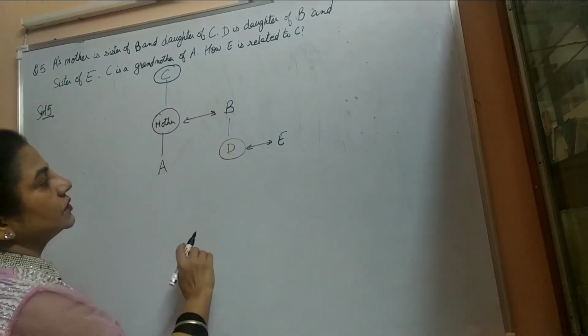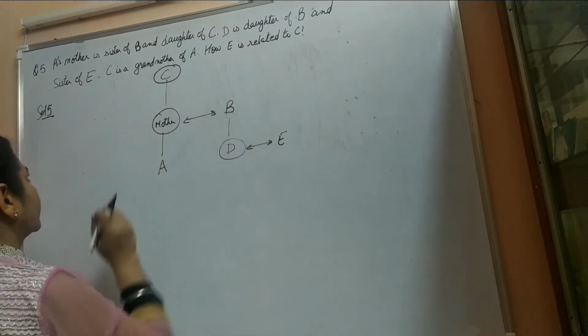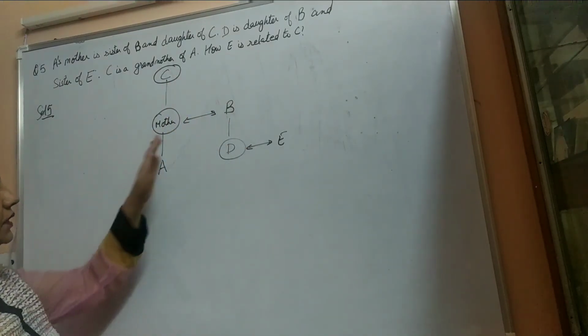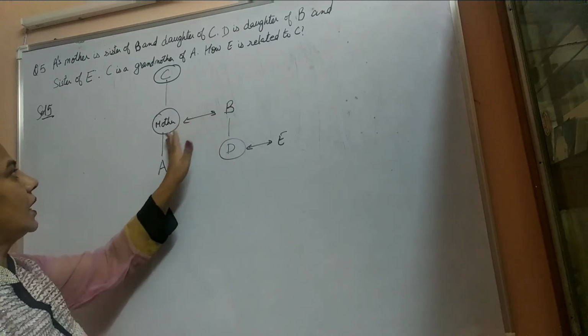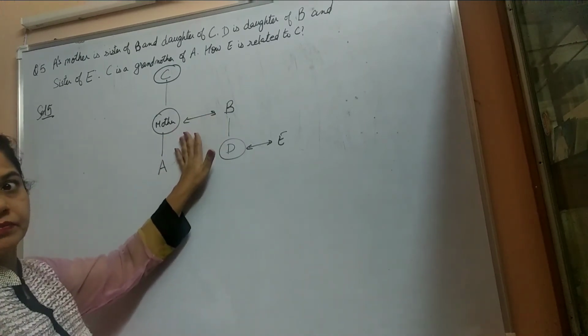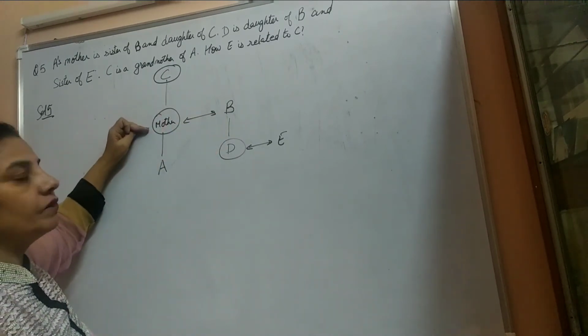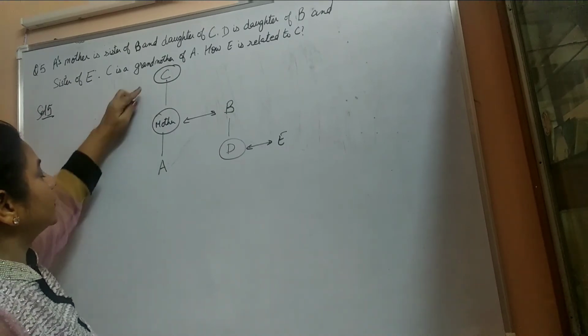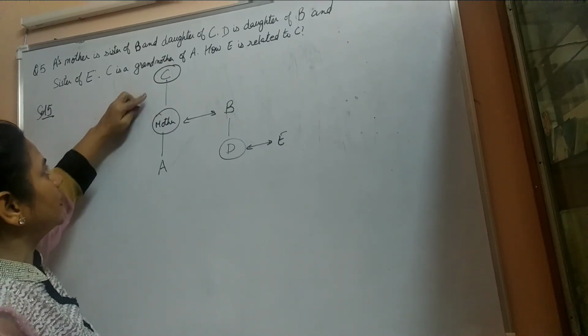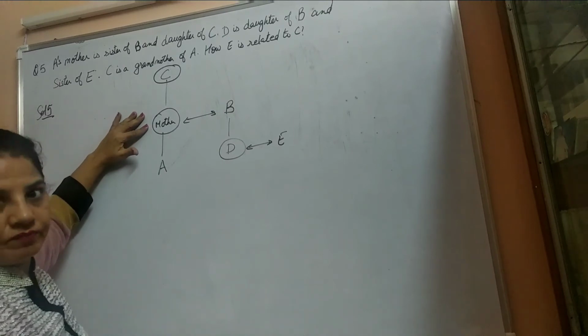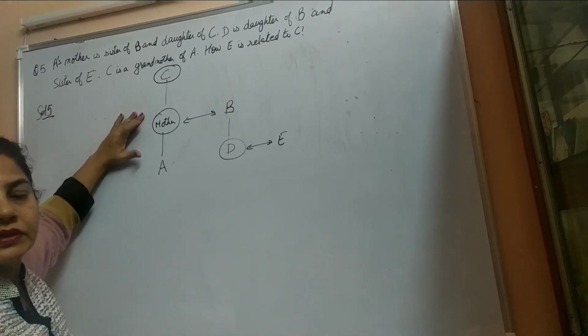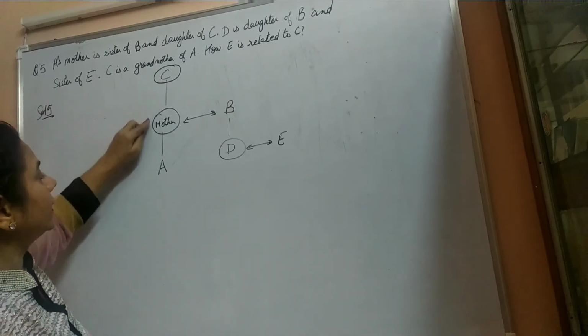How E related to C? Now, we know that B and A's mother are sisters. C is a mother of A's mother, and B and A's mother are sisters.